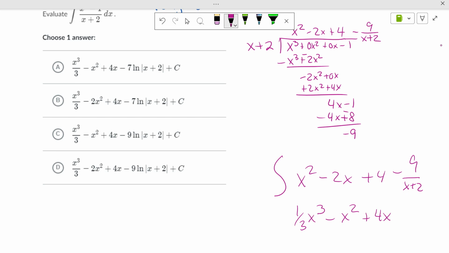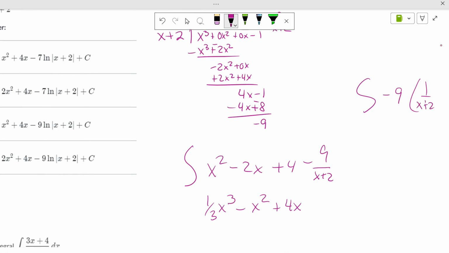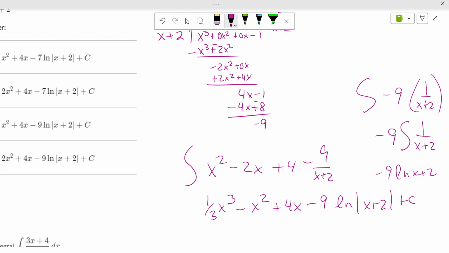Well, if we have this in the denominator, it's like the integral of negative 9 times 1 over x plus 2, or negative 9 times the integral of 1 over x plus 2. What's the integral of 1 over x plus 2? ln of x plus 2 with a negative 9 in front of it. So the last part is minus 9 ln of the absolute value of x plus 2, plus c.